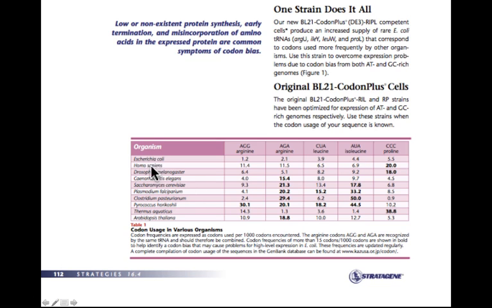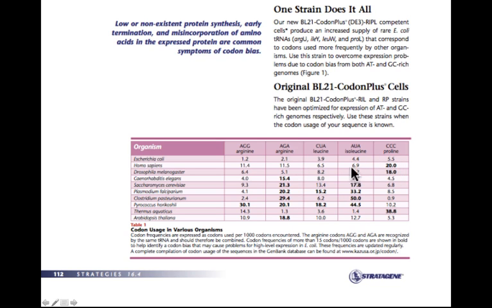So for instance, if you look at AGG arginine codons, humans use that codon about 11% of the time, where E. coli only uses it about 1% of the time. And similarly, the CCC codon for proline, humans use it quite a bit, 20%, but E. coli only uses it about 5%.